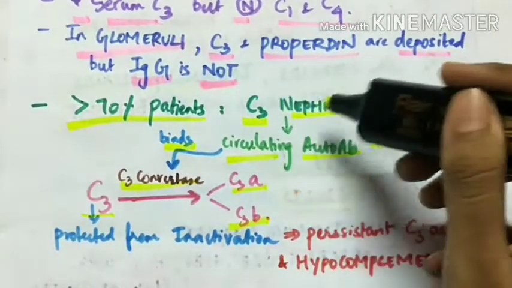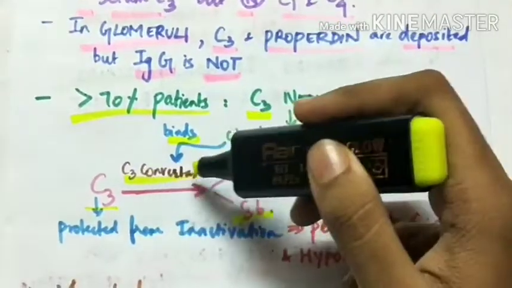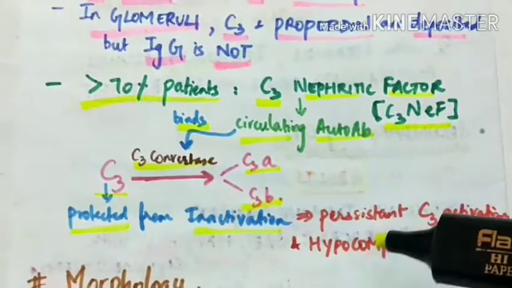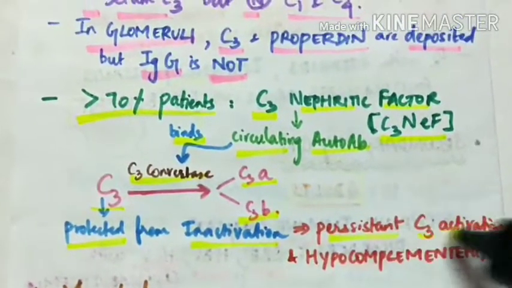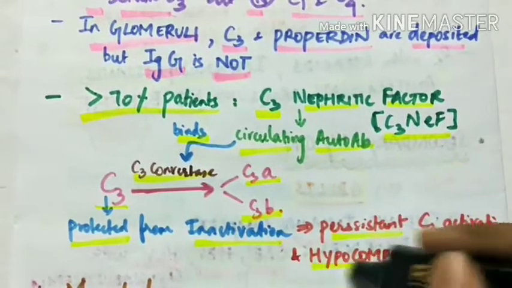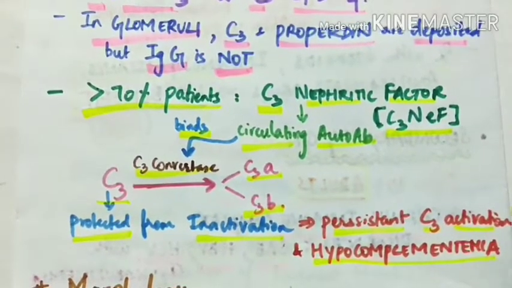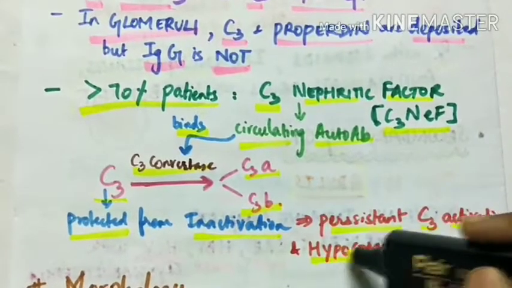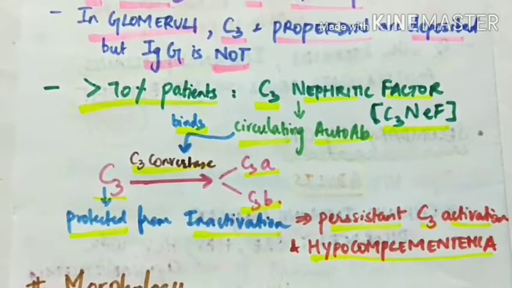So as the C3 nephritic factor binds to the C3 convertase, the C3 is protected from inactivation. So there is persistent C3 activation and hypocomplementemia.